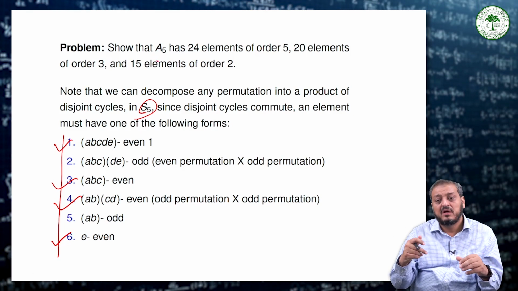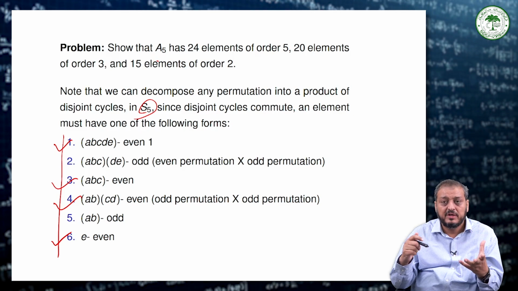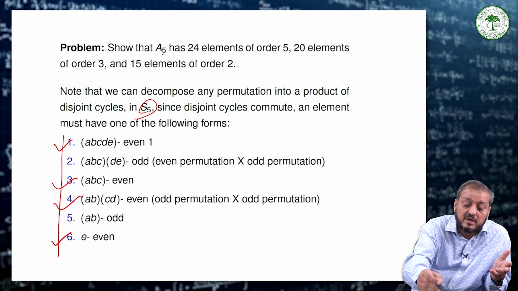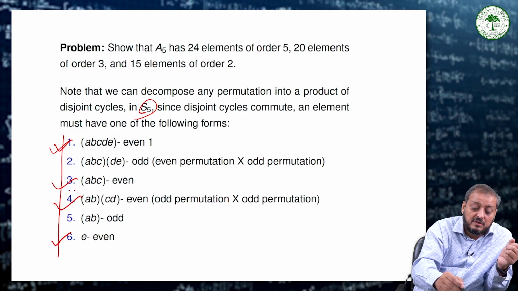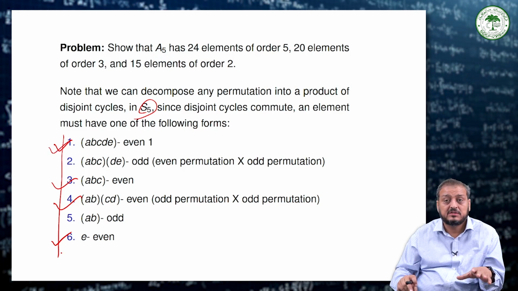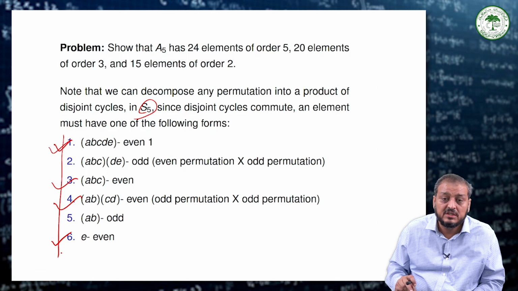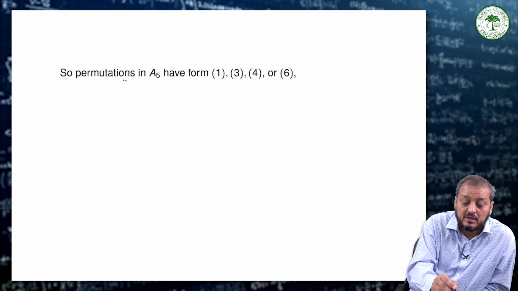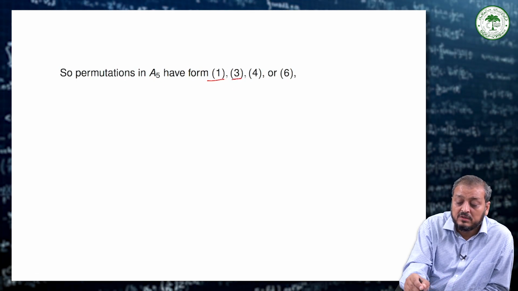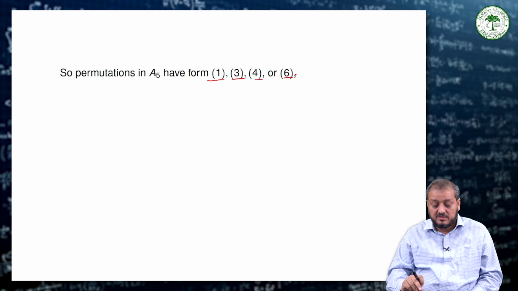That means A5 consists of the forms 1, 3, 4 and 6, and we have to discuss these one by one: permutations in A5 of the form 1, 3, 4 and 6.